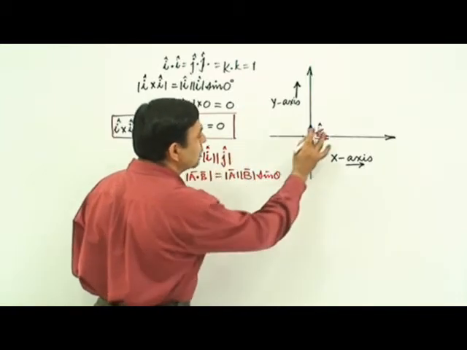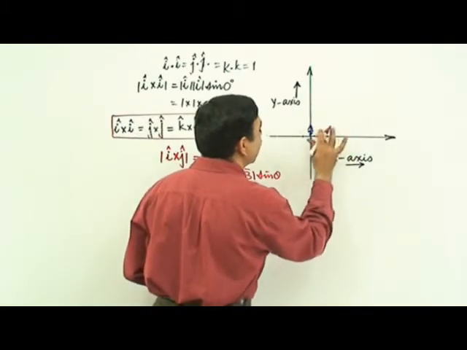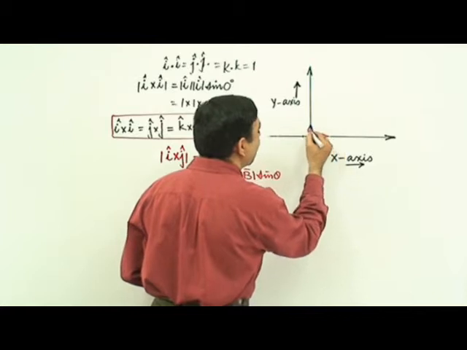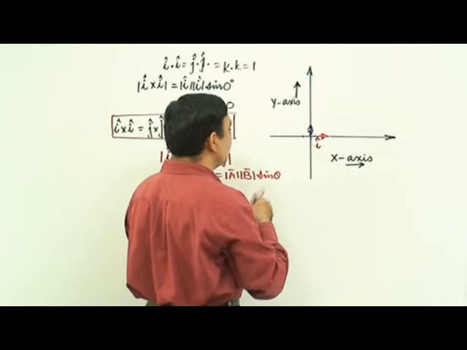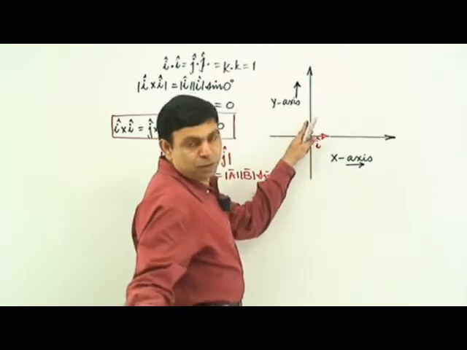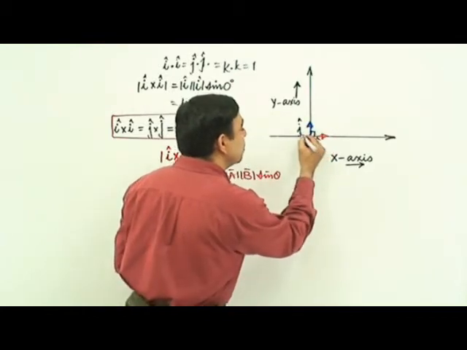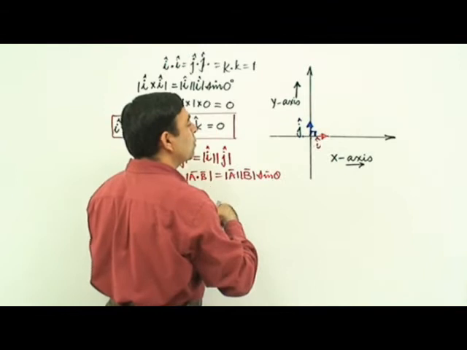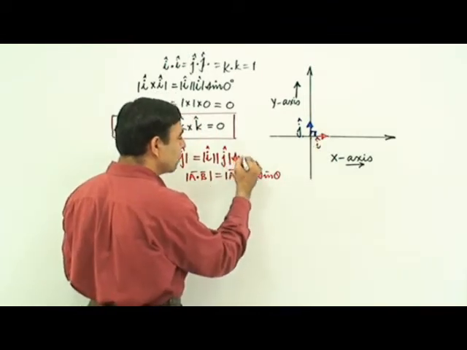What is the angle between i, j and k? We know very well i, j, k are all mutually perpendicular, so the angle between i and j, or j and k, or k and i is 90 degrees. This is i towards the positive x direction, and this is unit vector j towards the positive y direction. So sin 90.